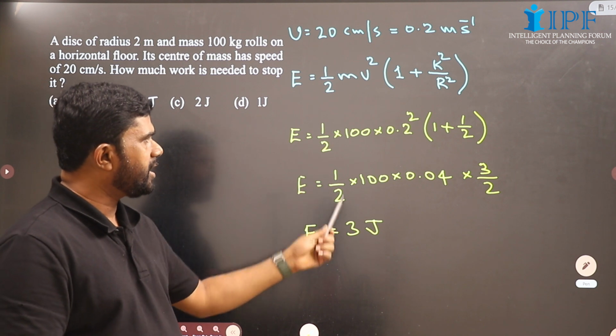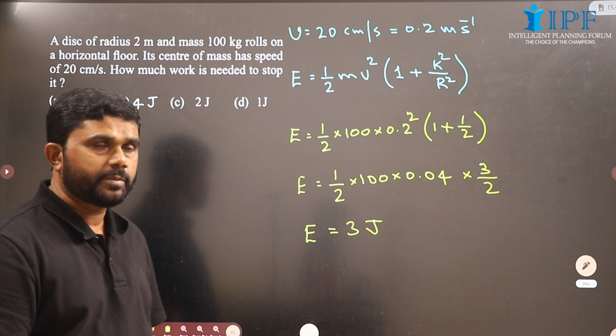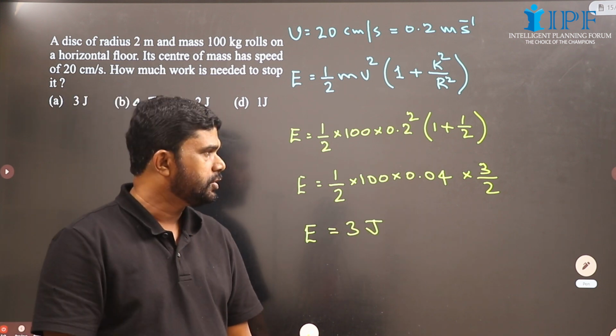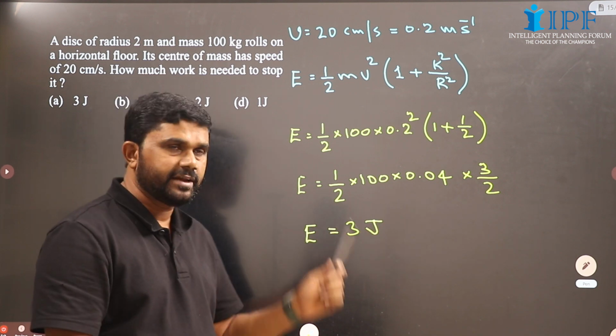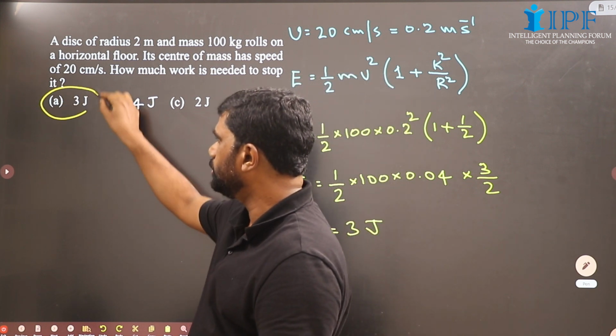So half, 100, 0.2 square is 0.04, and 1 plus 1 by 2 is 3 by 2. 100 into 0.04 will be 4. In the denominator we have 2 into 2, 4. So ultimately we will get 3 joule. So the answer is 3 joule.